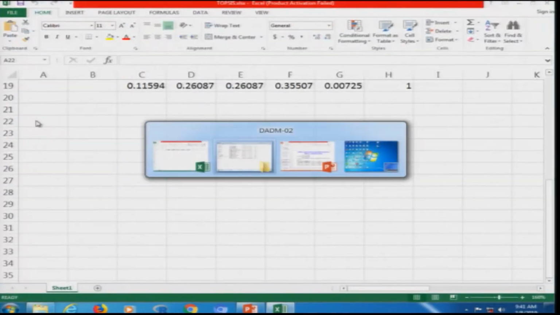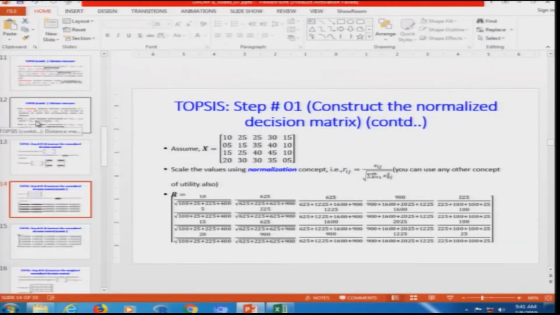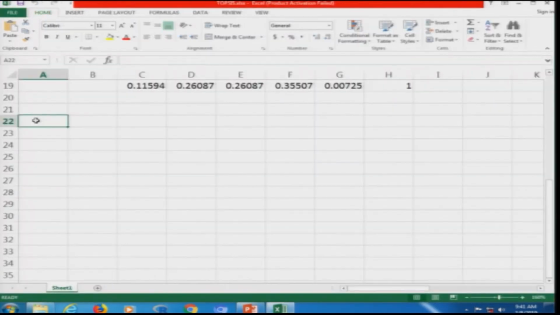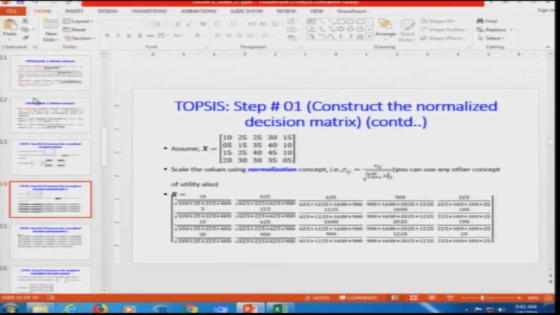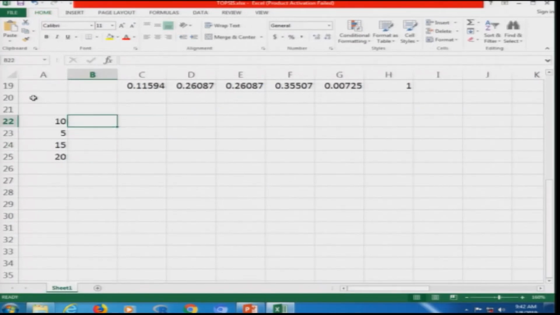Let me write them out: 10, 5, 15, 20 for the first column, then 25, 15, 25, 30 for the second.